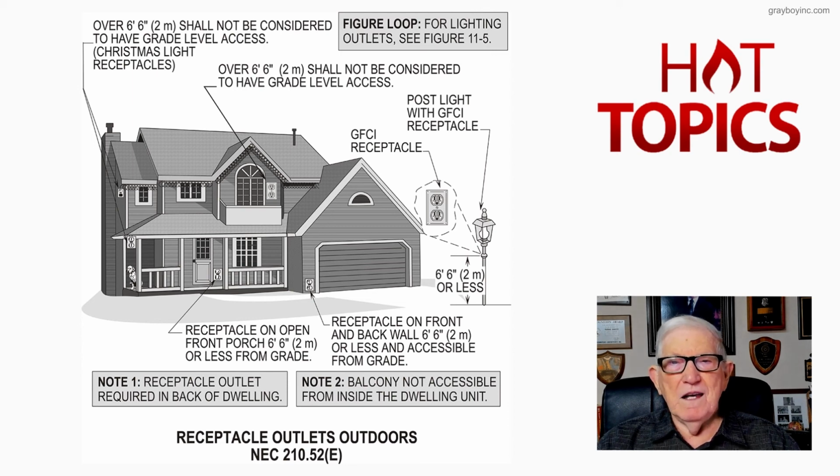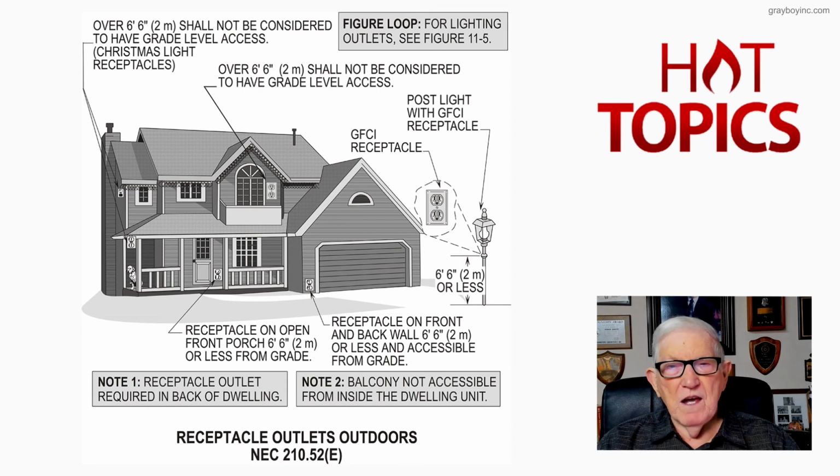Now, again, at the top of the illustration, over 6 foot 6 shall not be considered to have grade level access. But on that balcony there, see, the balcony, if it's not accessible from inside the dwelling unit, or is the receptacle outlet required in back of the dwelling unit?